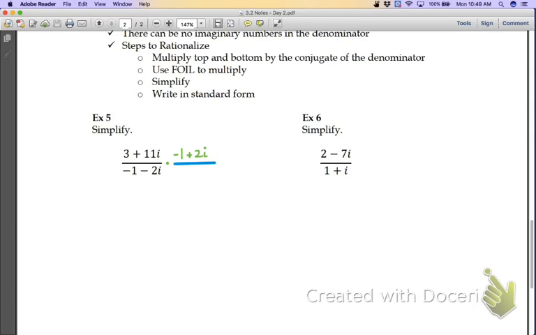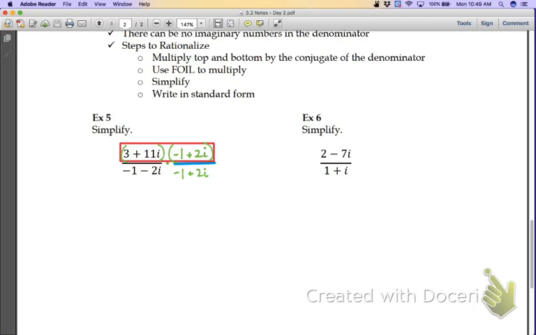Notice again, and this is a mistake that I want to keep from happening, we don't change the sign of the negative 1. We keep it as is. We're just changing how it looks. Whenever we multiply, we're going to multiply everything on top. So that's 3 plus 11i times negative 1 plus 2i.